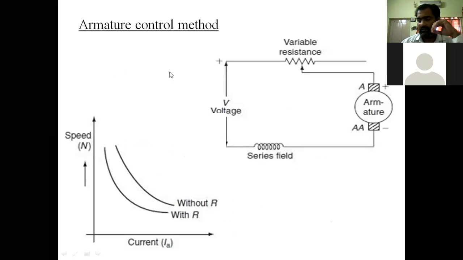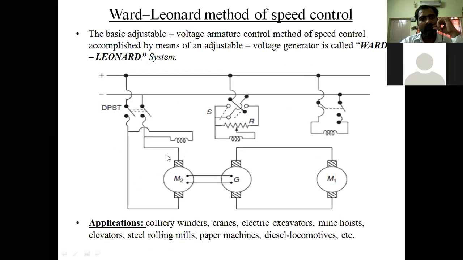Another categorized method is armature control. In this armature control method, you have seen the circuit diagram and, with and without resistance, how the characteristics between speed and current vary.